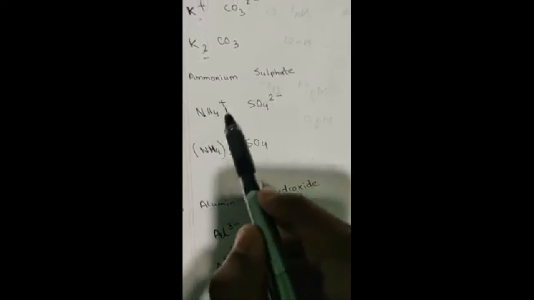Similarly, let's do the next one, ammonium sulfide. Ammonium is another compound, NH4, has a charge of plus, and sulfate has a charge of 2 minus. To balance out that 2 minus, you need another plus. So 2 plus will balance out 2 minus, so we will take ammonium twice. It should be put in a bracket this time. Why bracket? Because it's a compound.